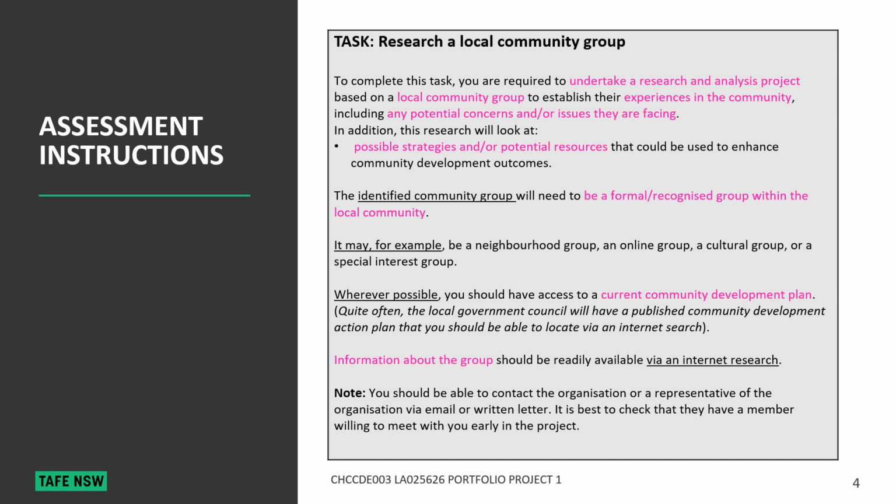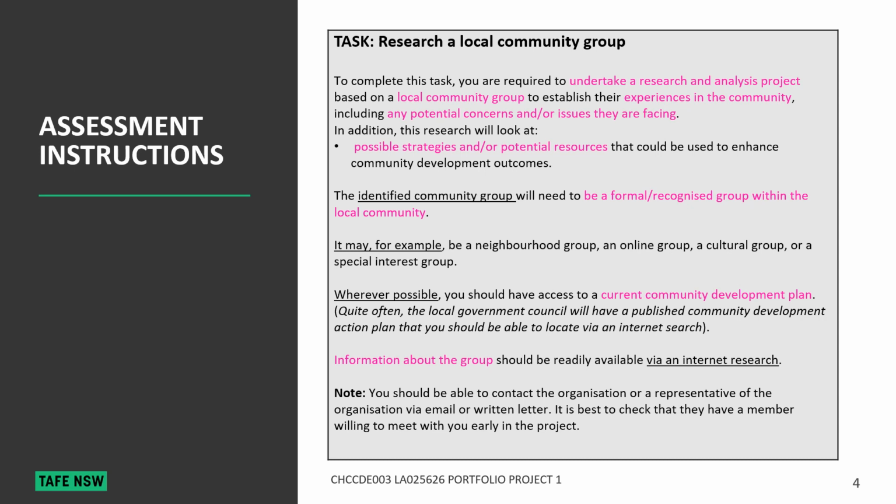So this is a research task. To complete this task, you're required to undertake research and analysis project based on a community group to establish their experiences in the community, including any potential concerns and or issues they are facing. So basically, you're going to locate a community group. You're going to research information about them.